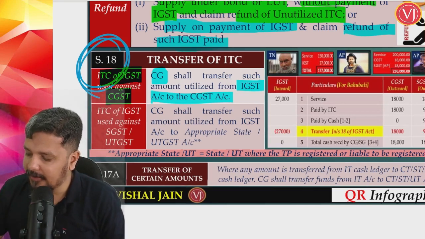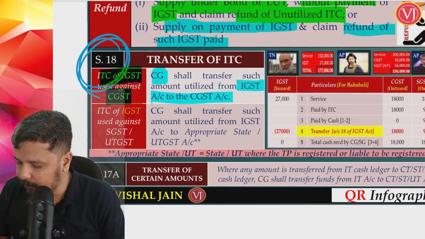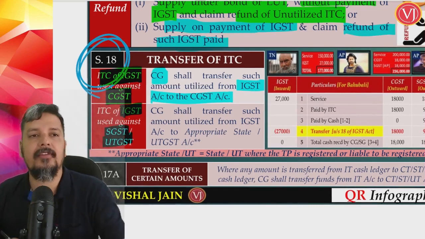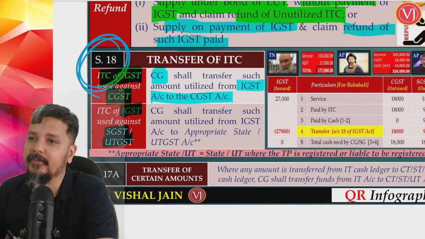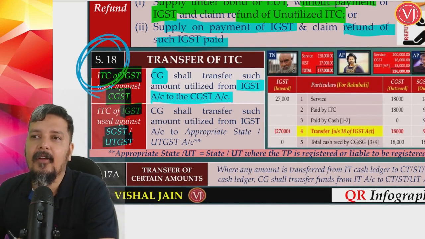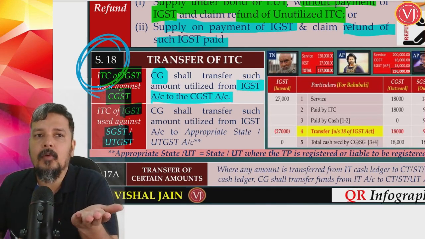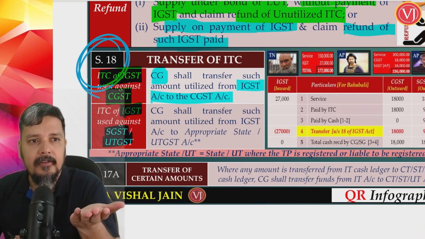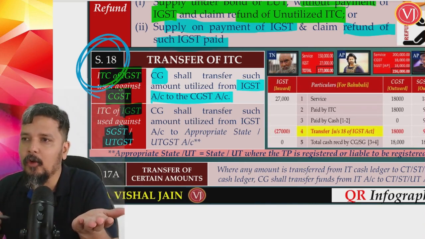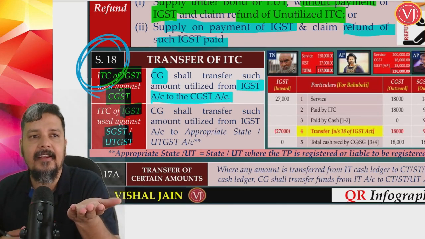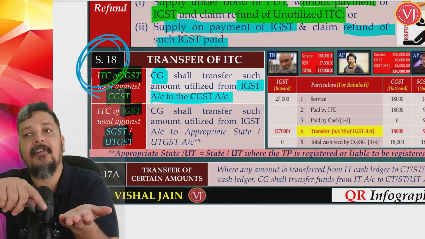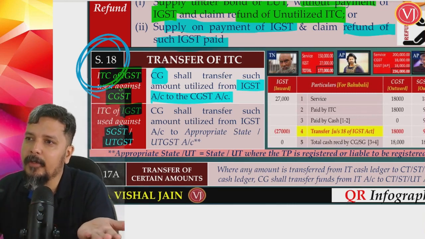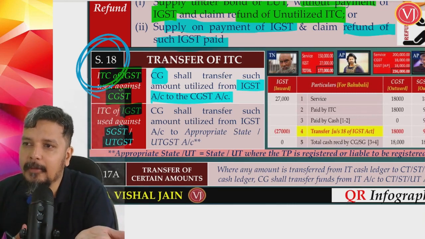Now the opposite scenario: IGST is used against SGST or UTGST. Now understand that when I say IGST credit, obviously the central government would have got that amount earlier. When IGST ITC is used for output, that revenue in the earlier chain would have gone to the central government's pocket, but that amount is now used for paying the state government's output tax.